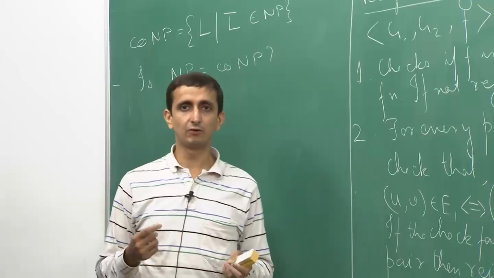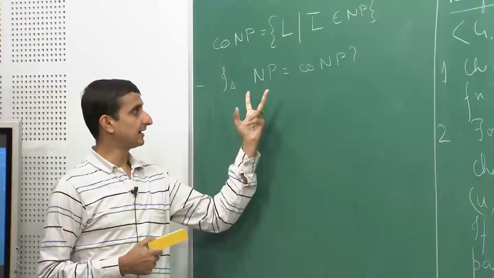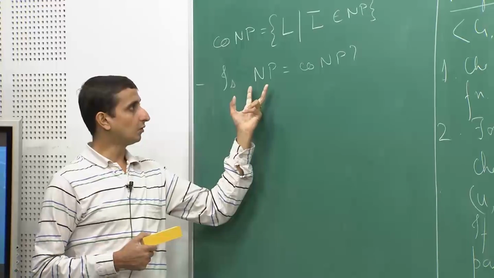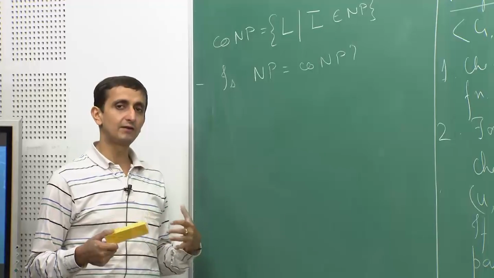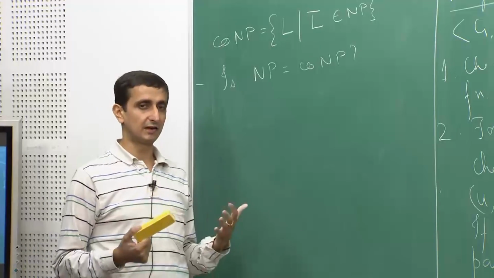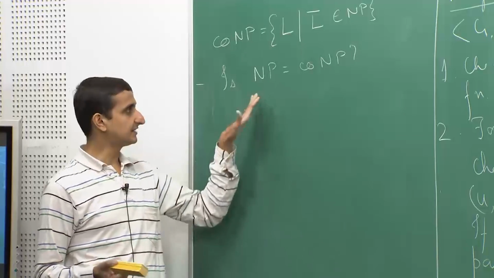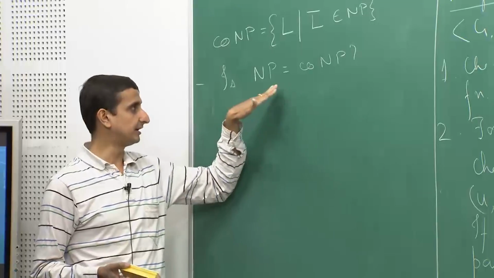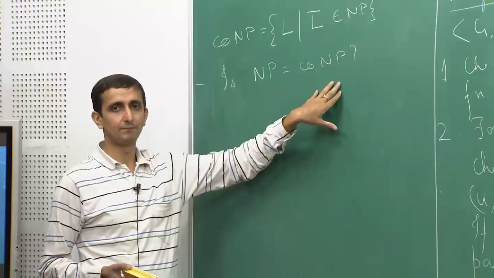Okay. So, therefore, if I want to take a configuration graph of an NP machine and go over it in a deterministic manner, that clearly will not give us a polynomial time algorithm, because the number of configurations is exponential. Okay. So, that approach cannot be used to get a deterministic polynomial time solution, or even to show that it is closed under complement. Okay.